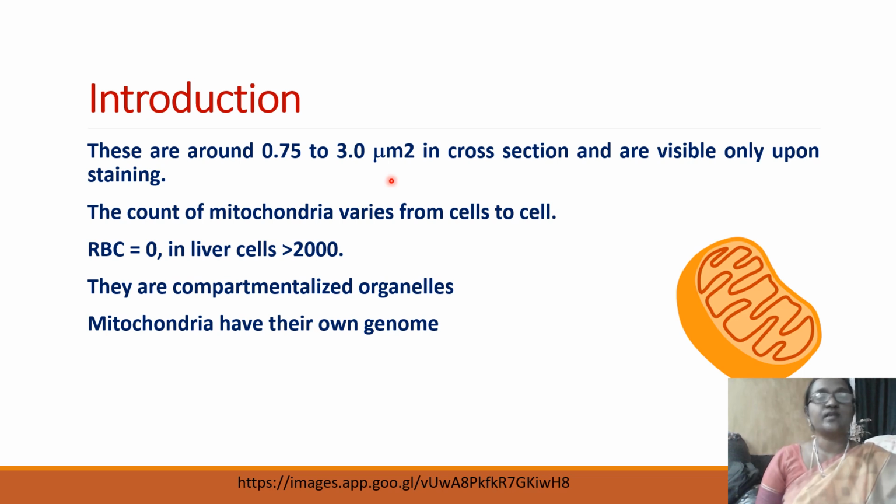For example, RBCs do not have any mitochondria, while liver cells, which are very active, have more than 2000 mitochondria. And these are compartmentalized organelles. One more thing is they have their own genome, and this genome is just like the bacterial genome.